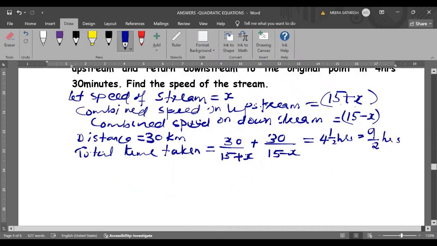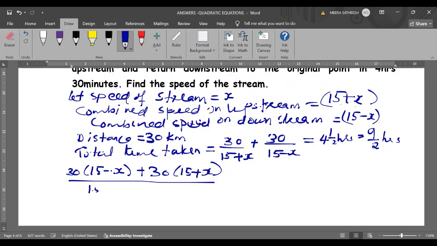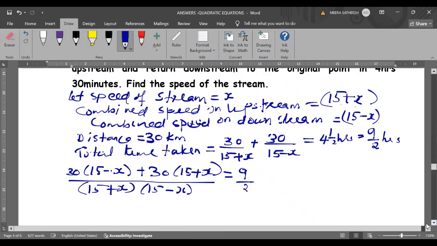So cross multiply. 30 into 15 minus x plus 30 into 15 plus x, whole divided by 15 plus x into 15 minus x, is equal to 9 by 2. We need to simplify it.